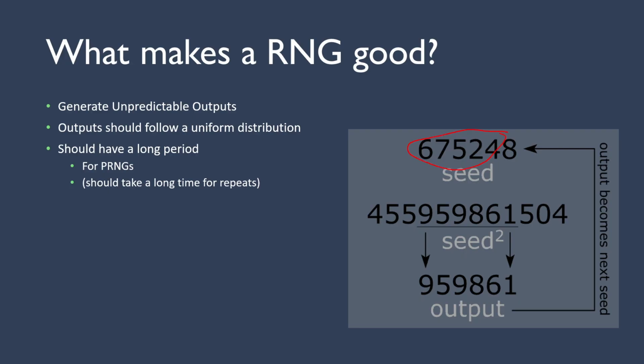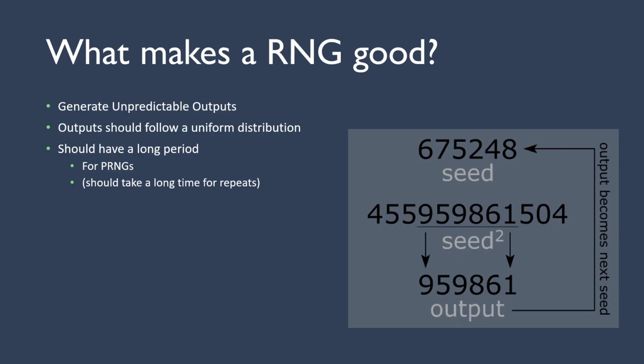An initial seed is presented and fed into the algorithm, and then the output generated is fed back in as the seed. This loop will repeat over and over again. Since there is a finite number of states in the computer, eventually it will have to repeat itself. So a good PRNG needs to have a very long period, so that you don't generate 10 numbers and then it starts repeating itself, and it's the same 10, the same 10.